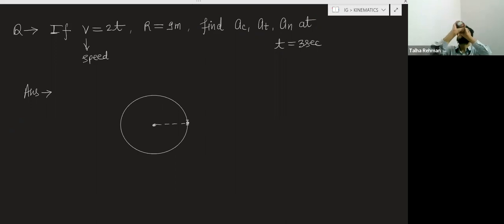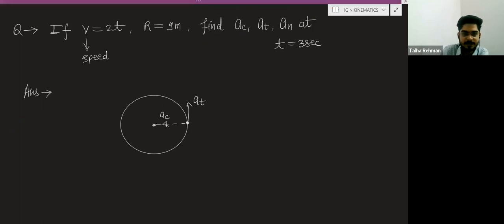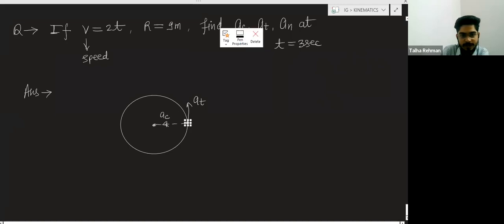There can be two types of acceleration: tangential as well as centripetal acceleration. Tangential acceleration, I have told you, will be in this direction. Centripetal acceleration will be towards the center. And there will be one net acceleration here.